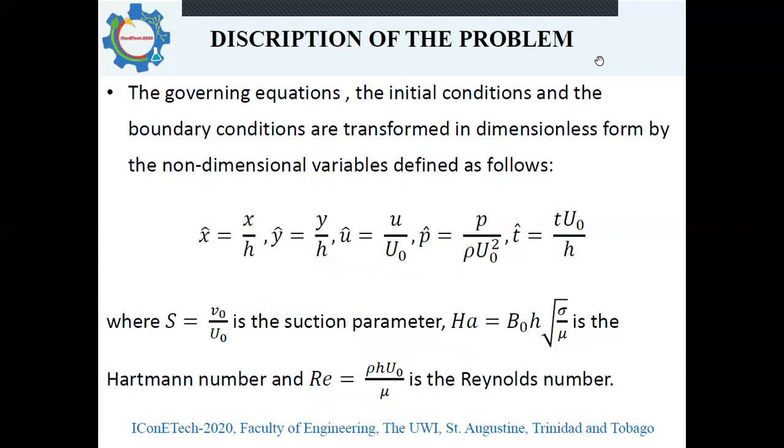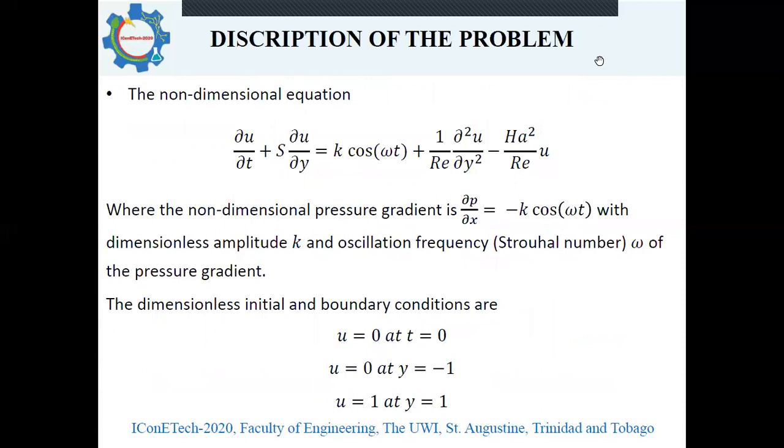After these variables are applied, we get the following non-dimensional equation with the non-dimensional pressure gradient applied and our dimensionless amplitude and frequency of oscillation of the pressure gradient. We also have our dimensionless initial and boundary conditions as follows.